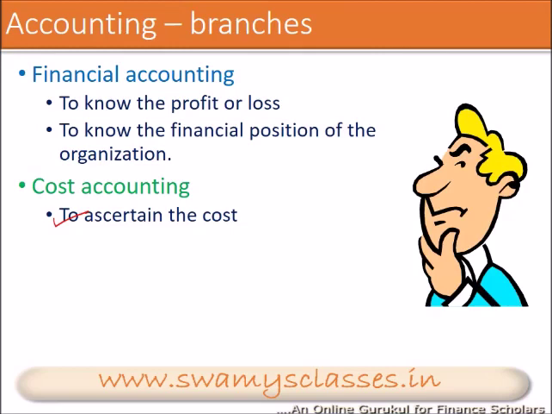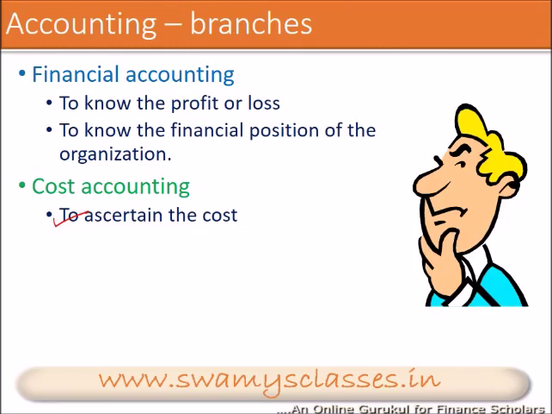So it leads to cost control and cost reduction. And unless you know the cost, how can you develop strategies to control it? There comes strategic cost management. So even though we started with a very simple term, cost ascertainment, it leads to a lot of other activities, and that is why cost accounting is so important and relevant.